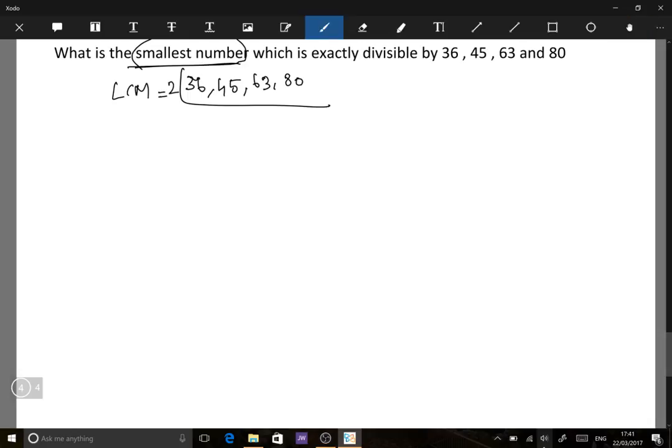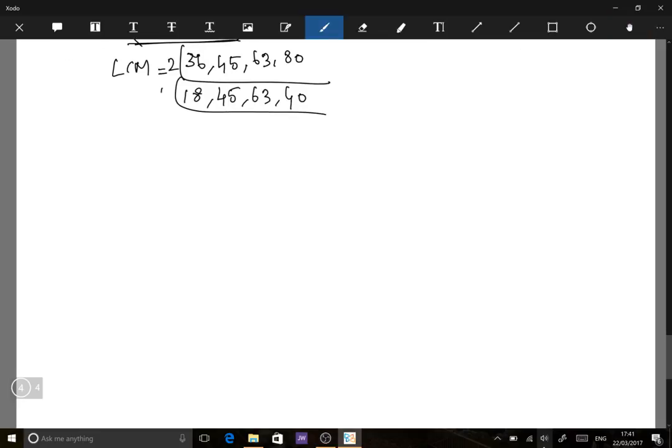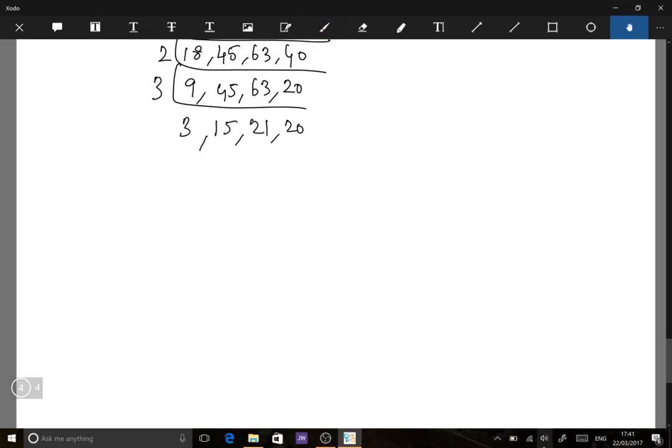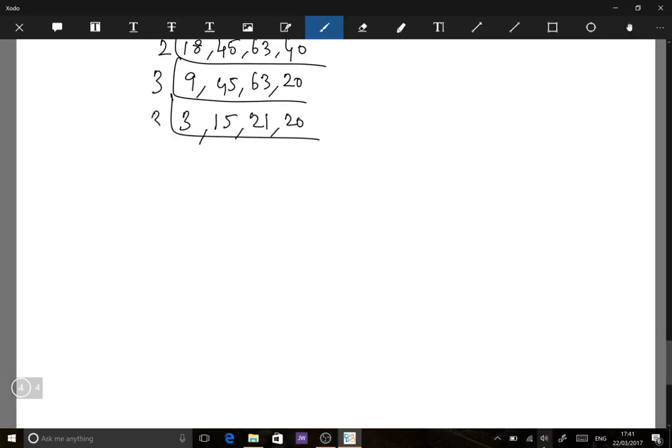So 2: 18 and 40 can be divided, 2: 9 and 20. 3 becomes somewhat cool. 3 3s are 9, 3 3s are 1, 5, 7 and 20 cannot be divided, so same 20. Now 3, 1, 5, 7, 20. I think now 5 will be cool.